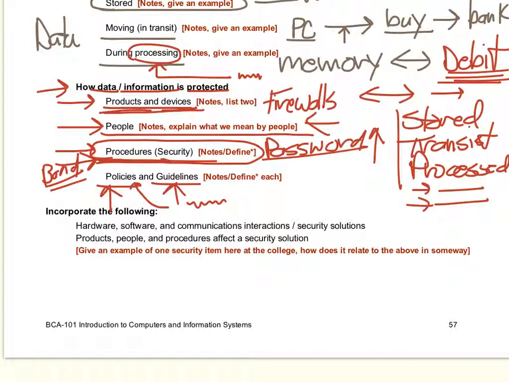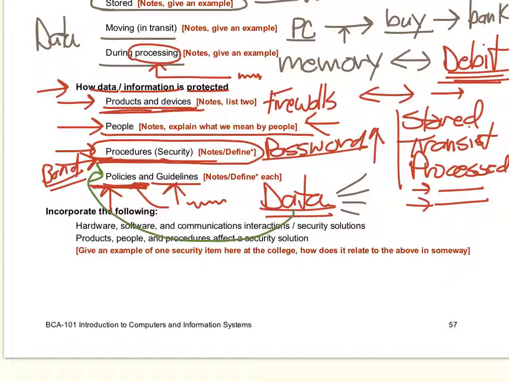Policies are huge. Anywhere somebody's storing data about you, you should have the opportunity to read their policy. What do they say they will or won't do with that data? We could talk for hours about those specifics.